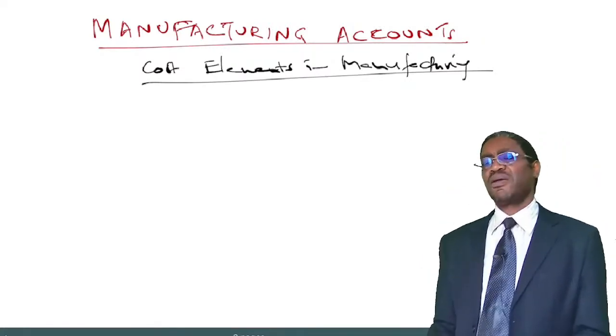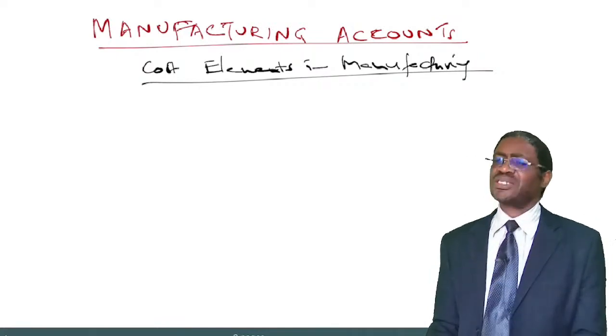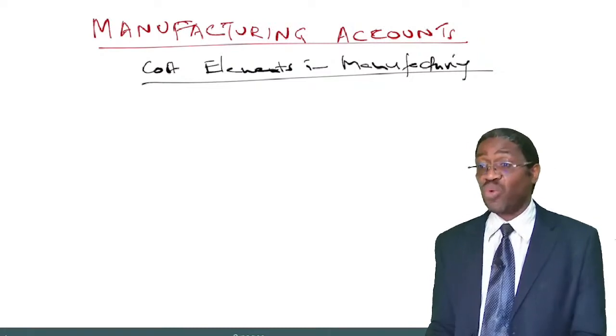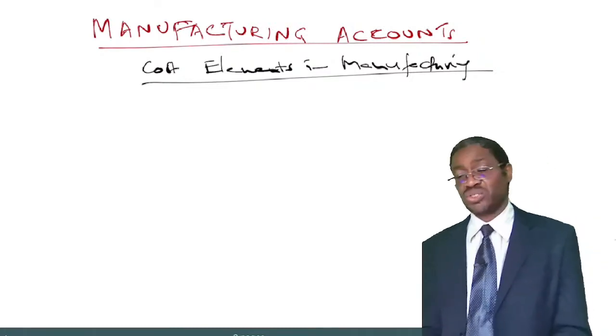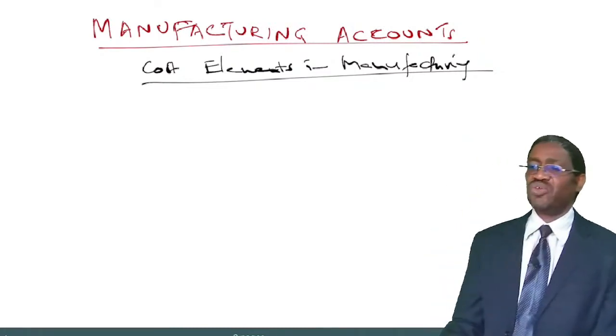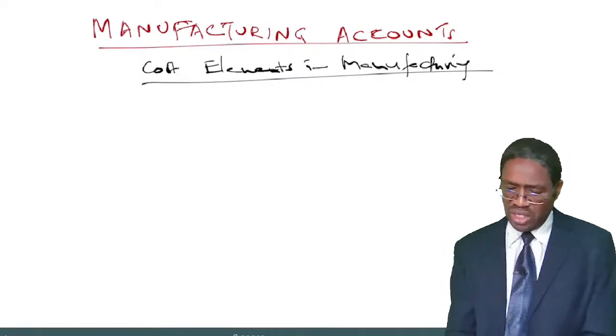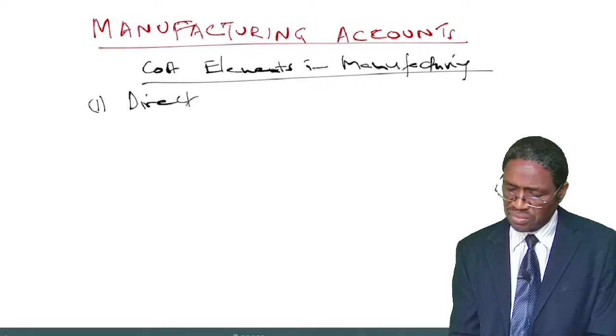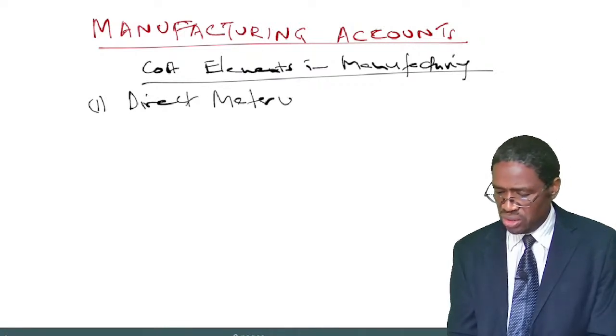Now listen. As a manufacturer, there are some costs that you are likely to incur in the process of whatever you are manufacturing. One of the costs that you would incur is what we call direct material cost.